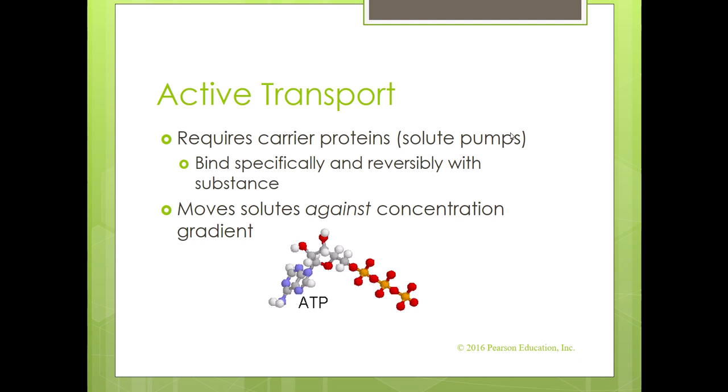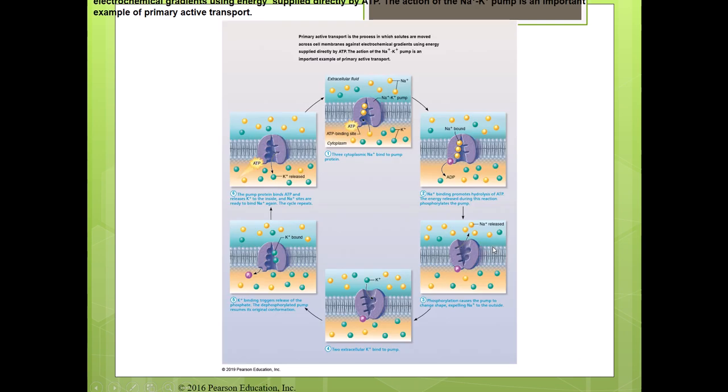They'll change shape and then either let that thing into the cell or release it outside the cell, and then it'll reversibly let that thing go and go back to its original shape. These types of solute pumps are always moving things against their concentration gradients, and so they will require energy in the form of ATP. The most well-known of the solute pumps happens to be this one right here, which is the sodium-potassium pump.